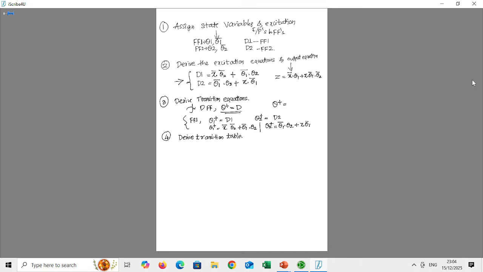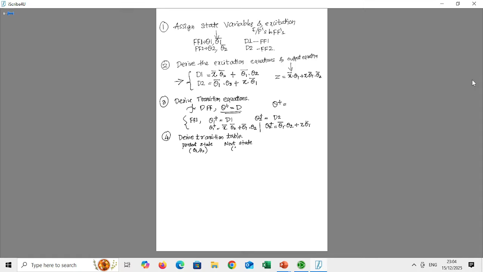The transition table has 3 columns. The first column is called the present state. Since 2 flip-flops are there, it is Q1, Q2. The second column of the transition table is the next state.